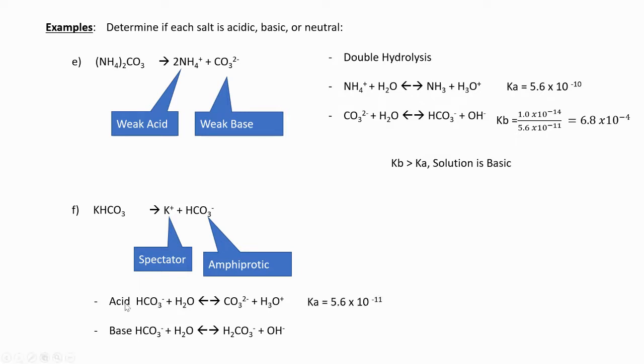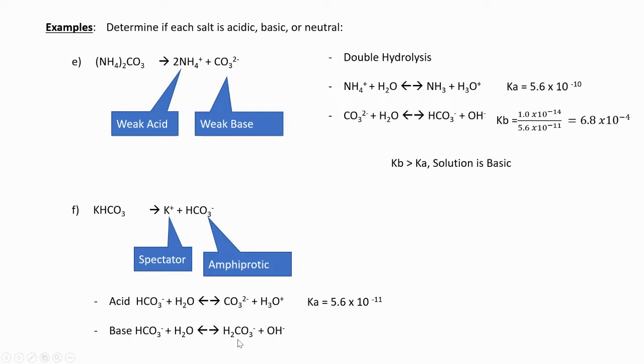All right, right there. Kb. All right. So remember Kw divided by the Ka of our H2CO3. A lot of students want to put Kw divided by 5.6 times 10 to negative 11, the Ka of our HCO3 minus. All right, don't make that mistake because this is our acid, right? H2CO3 is our acid, HCO3 minus is our base.